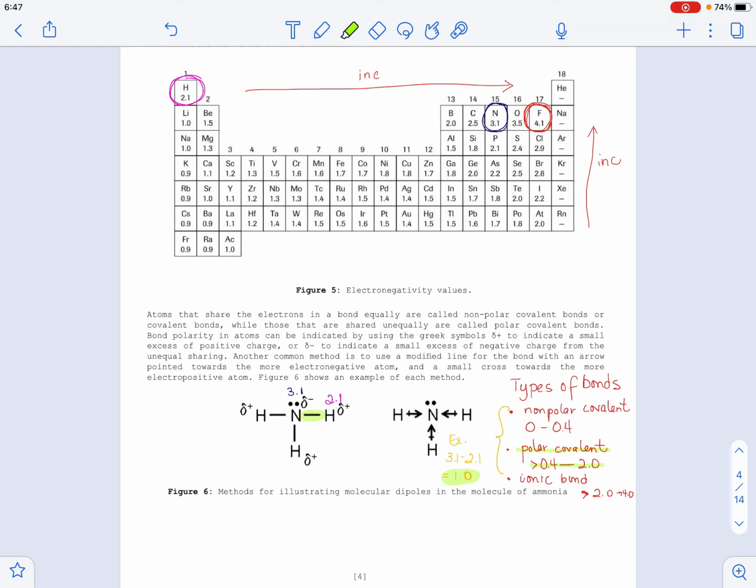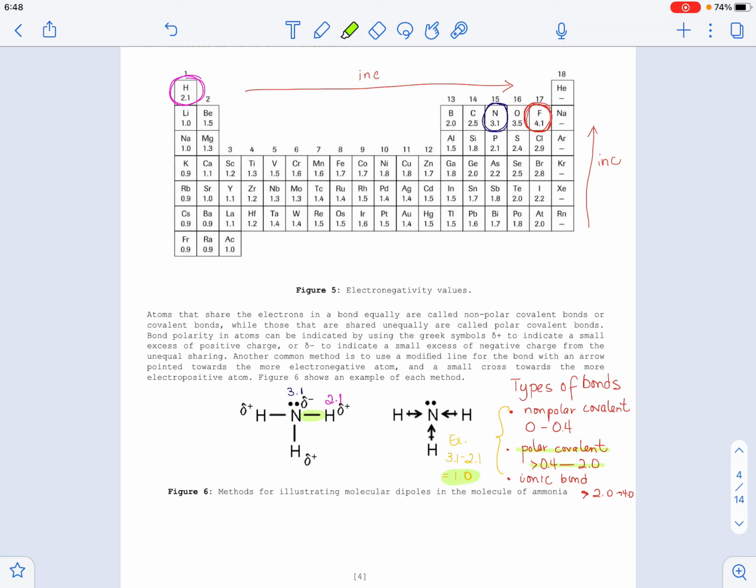So that tells me that a nitrogen-hydrogen bond is polar covalent. Now, when we have a polar covalent bond, there are different ways that we can illustrate them. These labels are only for polar covalent. We don't use them for ionic. We do not use them for non-polar covalent.